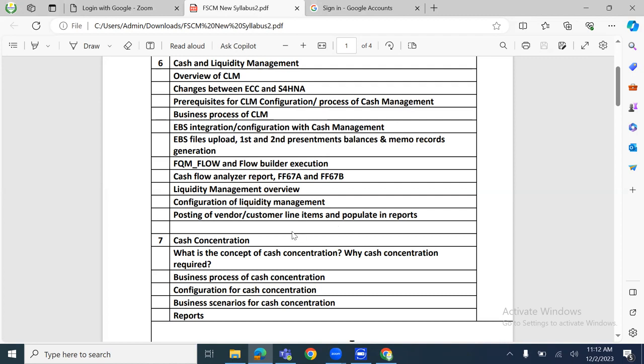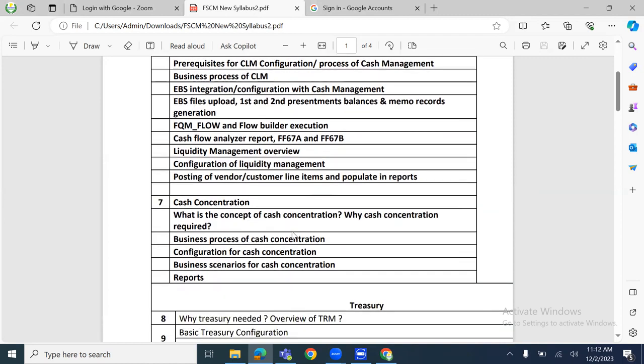These are the topics which will be covered in cash and liquidity management.